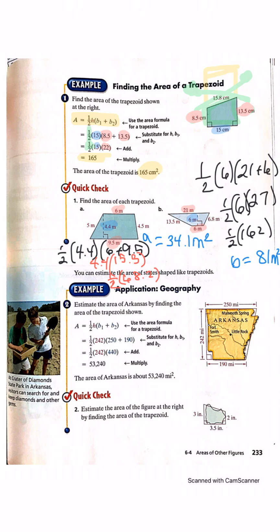Okay, so estimate the area of Arkansas by finding the area of the trapezoid shown. So once again, this goes into examples for us. We look at base 1, base 2, adding those two together and multiplying by the height, which is 242.